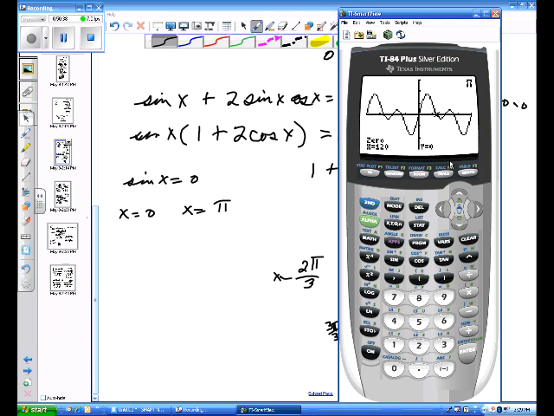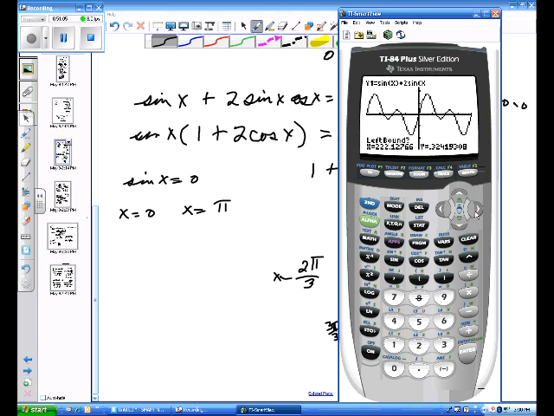Then we would do second calculate the 0. We'll move the cursor. It's to the left of where we are. We want to be to the right, and then press enter. That gives us the 180, which is pi. Second calculate 0.